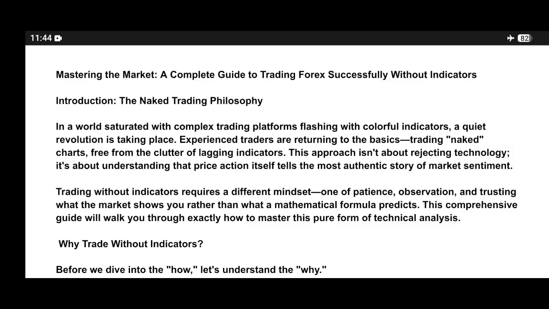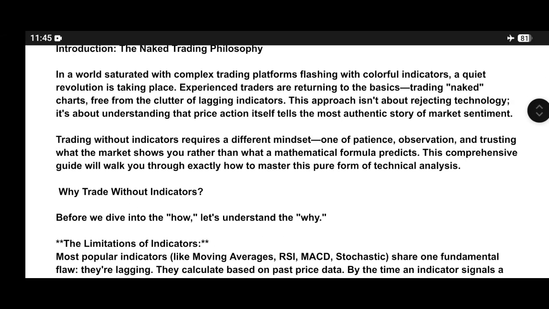This process isn't just about rejecting technology, it is about understanding that price itself tells the authentic story of the market sentiment. Are you getting me? So, trading without indicators requires a different mindset, one of patience, observation, and trusting what the market shows you rather than what a mathematical formula predicts.